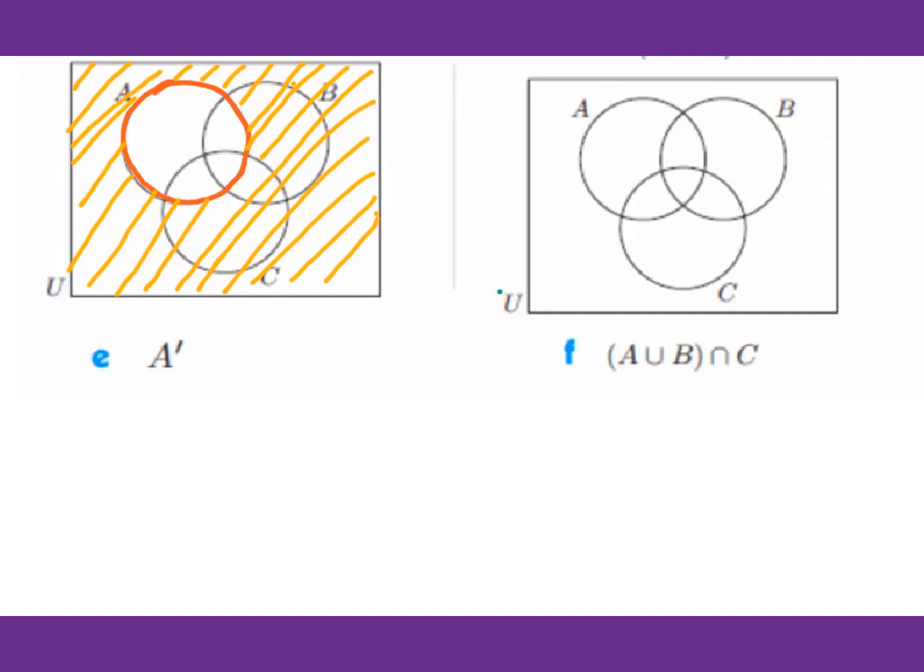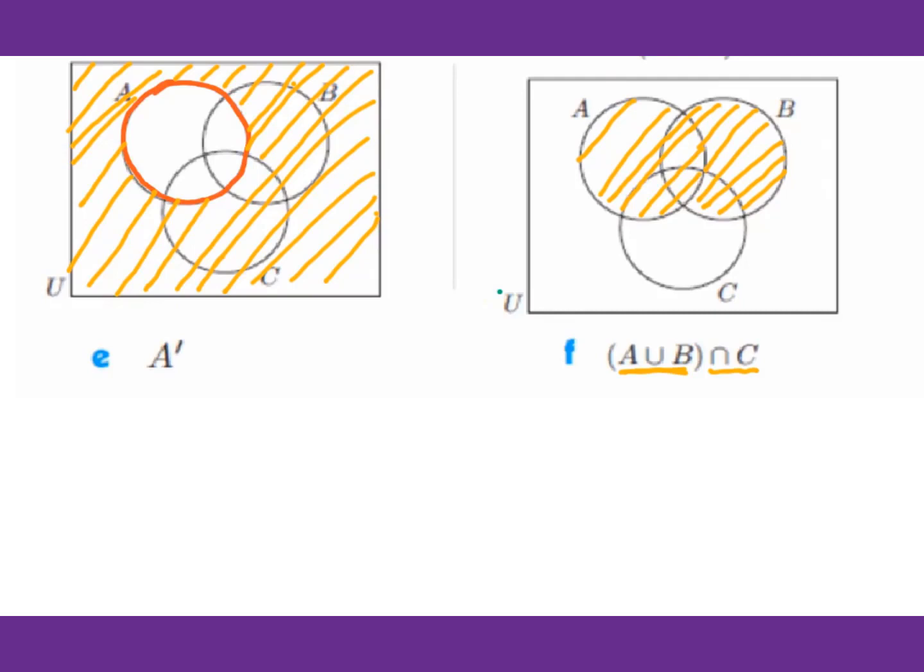Now let's go to F. A union B intersect C. First of all, we do A union B first because this is in the parentheses. So we do A or B. Then it says intersect C. So we need something in common.